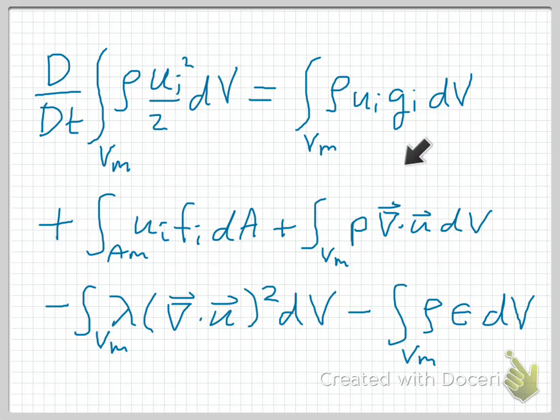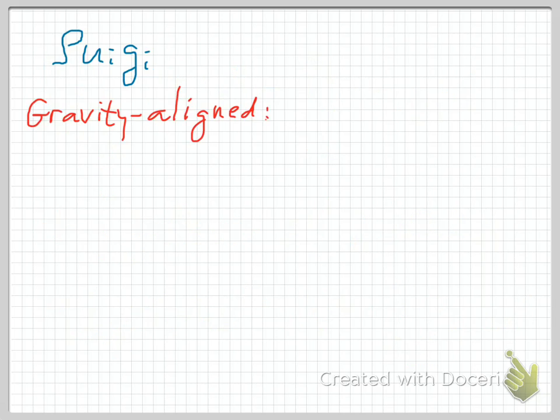Now, before we finish, let's look one more time at the gravity term. So the gravity term is the integral of density times the dot product u_i g_i. Now, we're going to do something I don't like to do very often. We're going to cite results for a particular coordinate frame.